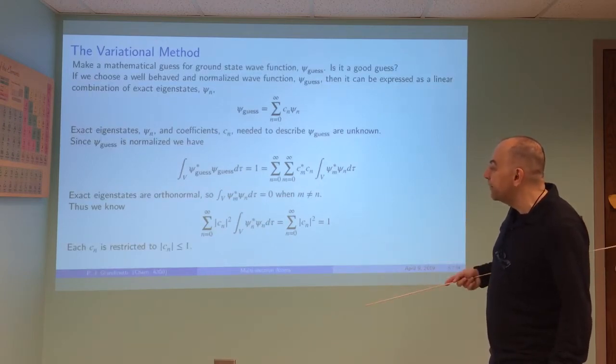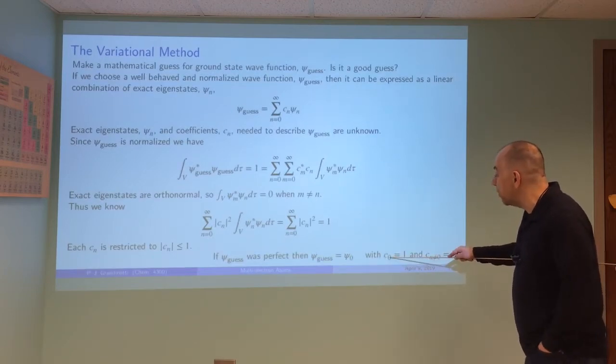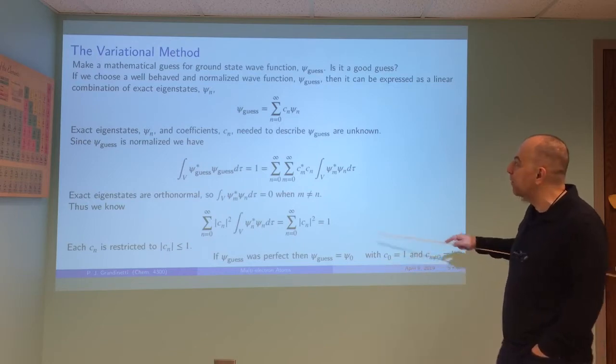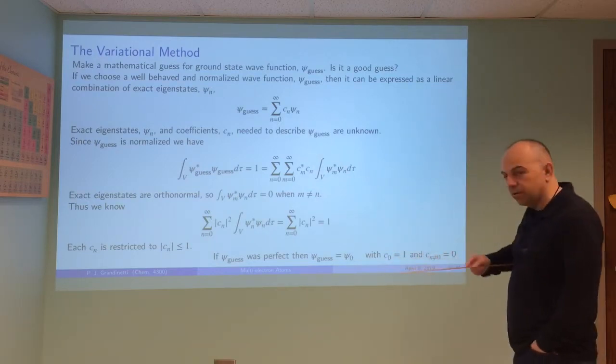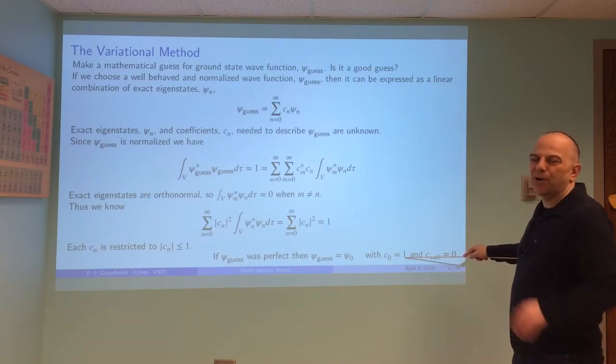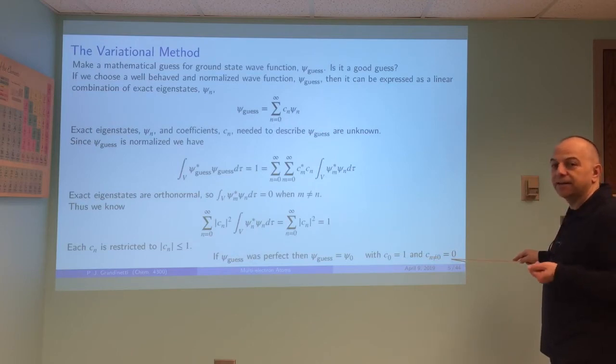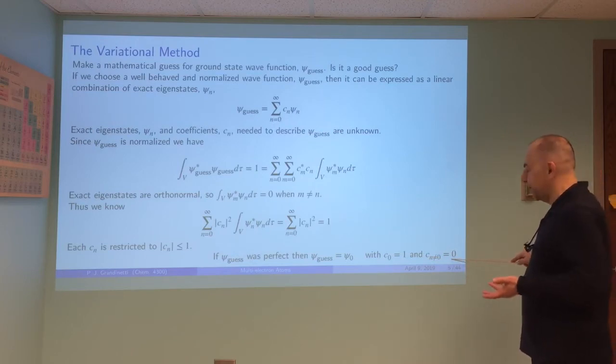Now, if we had made a good guess, what we would have found was that the zeroth coefficient, the one associated with the ground state, which is the state that we're trying to guess, will be close to 1. If we made a perfect guess, it would be exactly equal to 1, and all of the higher n coefficients would be equal to 0.